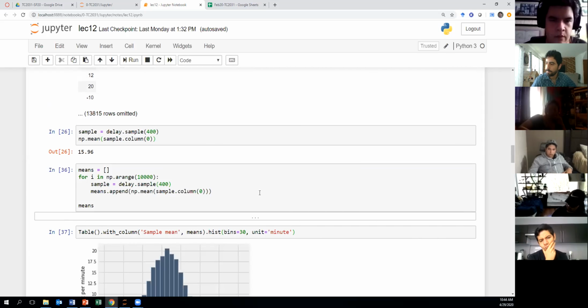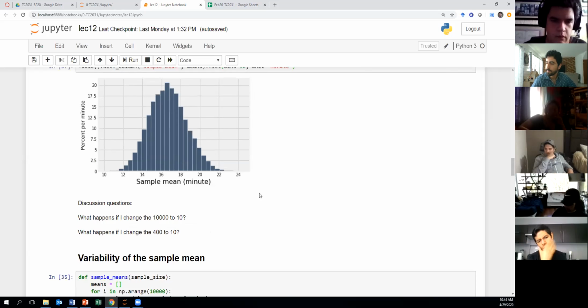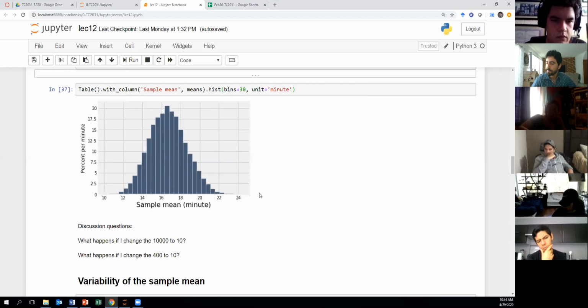You remember this one? Does anyone have any insight? I think it will look similar to a normal distribution, but with the variance so big.